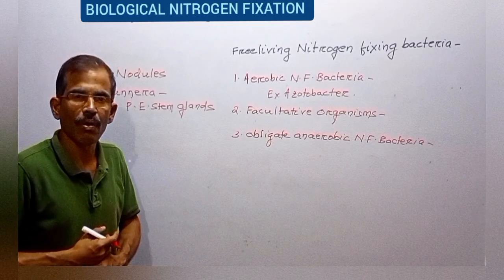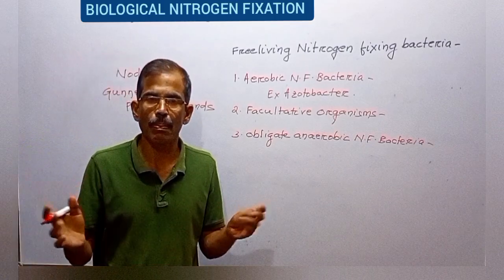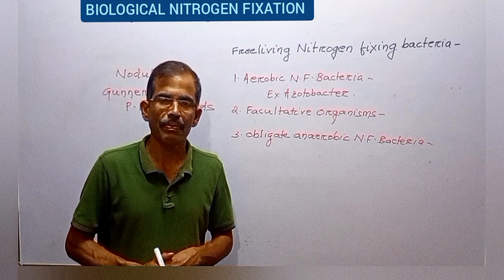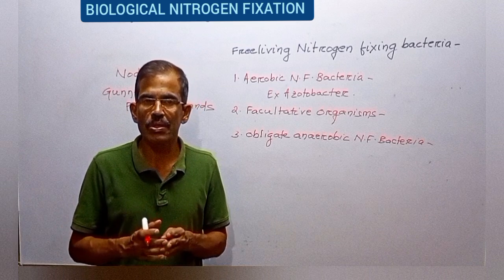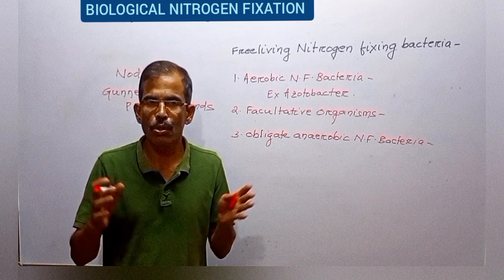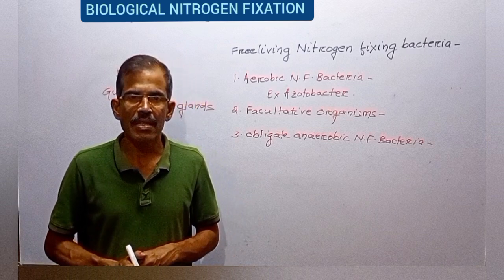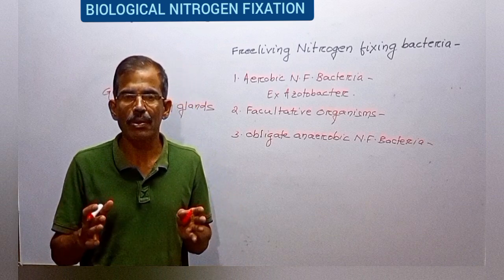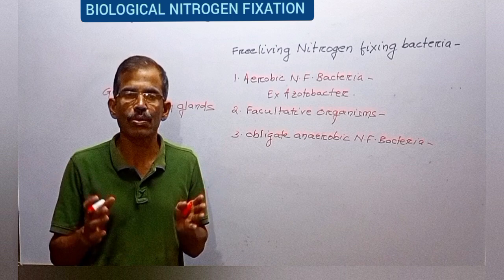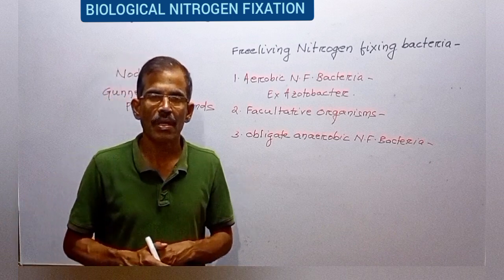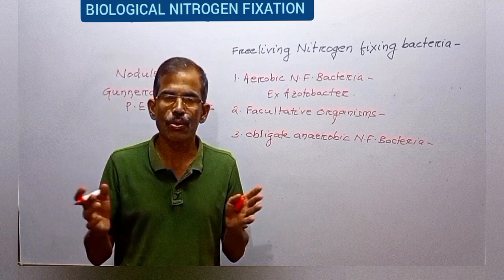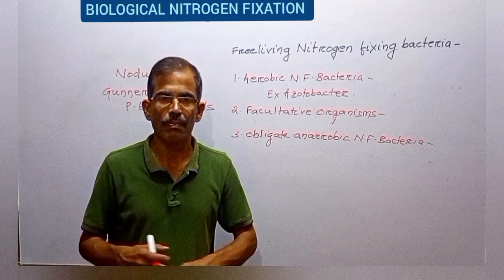In case of legumes and actinorhizal plants, the nitrogen-fixing bacteria induce the development of root nodules. Grasses also form symbiotic association with nitrogen-fixing prokaryotes, but in such cases root nodules are not formed.